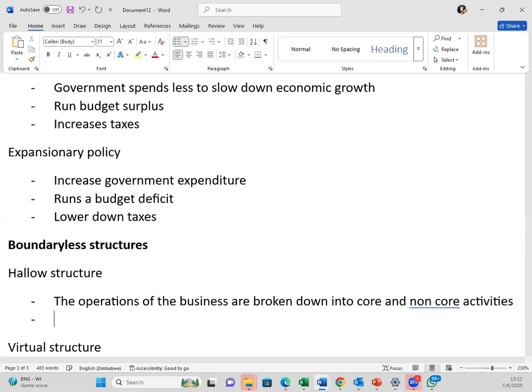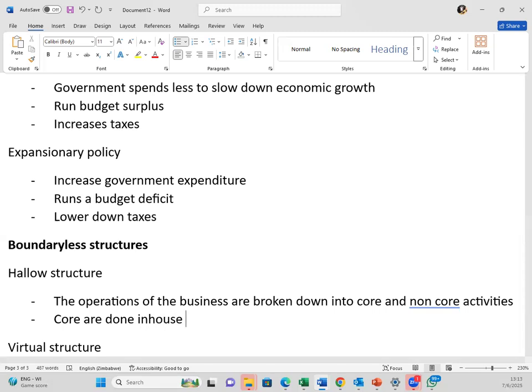Then for those activities which we say are our core or main activities, we are going to do them in-house. So we consider what is it that really brings customers to our organization. That which we are known for, that which is the reason behind our existence, we do it in-house. So the core activities are done in-house.